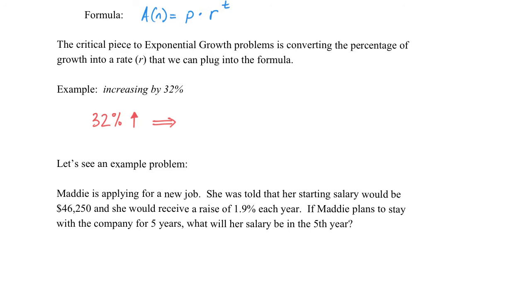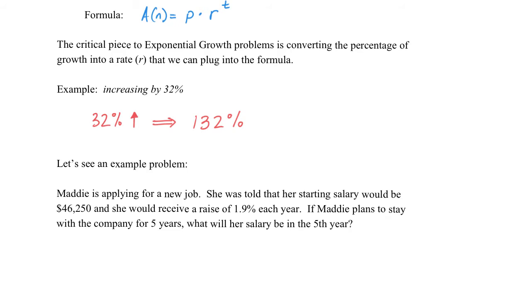We can account for the fact that this is an increase by just adding it to 100. So we're really going to change this to 132%. We don't have to put the increasing arrow after this anymore because 132% means getting bigger by 32%.